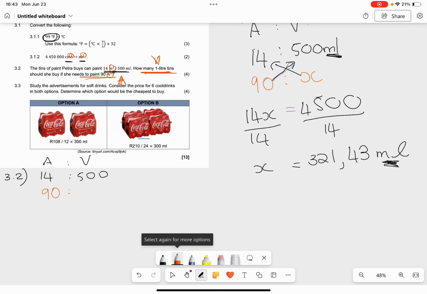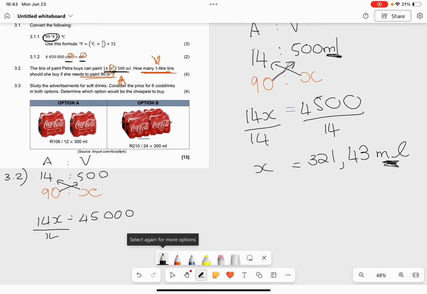Then we don't know the volume, in other words, how many 1 liter tins, so we're going to put an X there. Then you're going to do something called cross multiplying, where you say X times 14 is 14X, and 90 times 500 is 45,000.